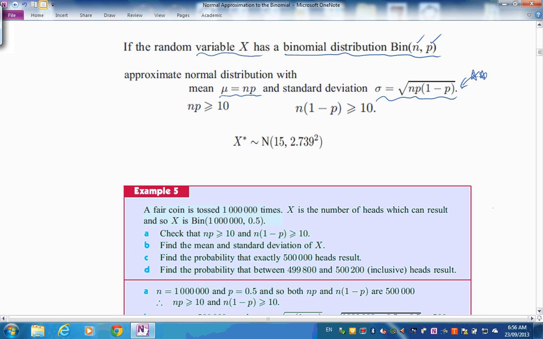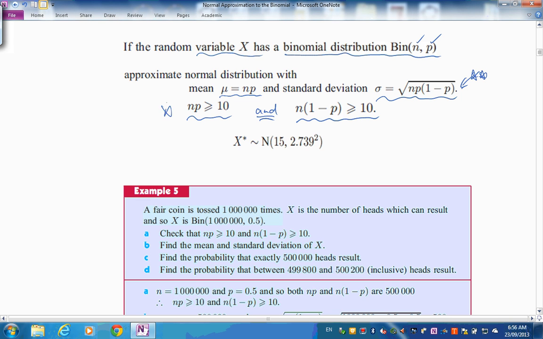And there is a rule of thumb now. If np is greater than 10, that's number of trials times probability of success, and n times 1 take p, should have an 'and' in there, is greater than 10. This is a rule of thumb, a rough rule, because we're not going into the real mathematics of this here, for when it is reasonable to approximate a binomial with a normal.